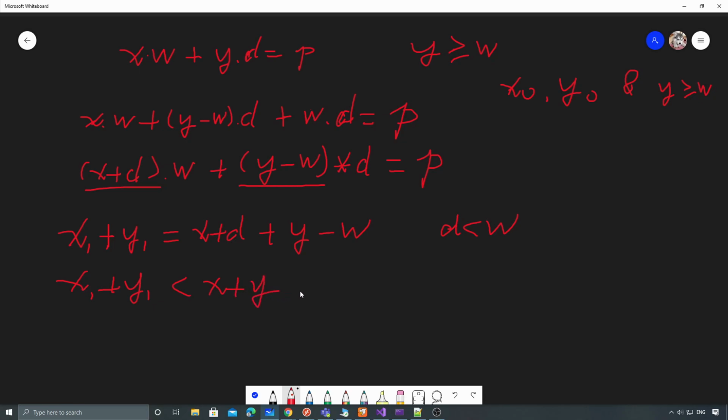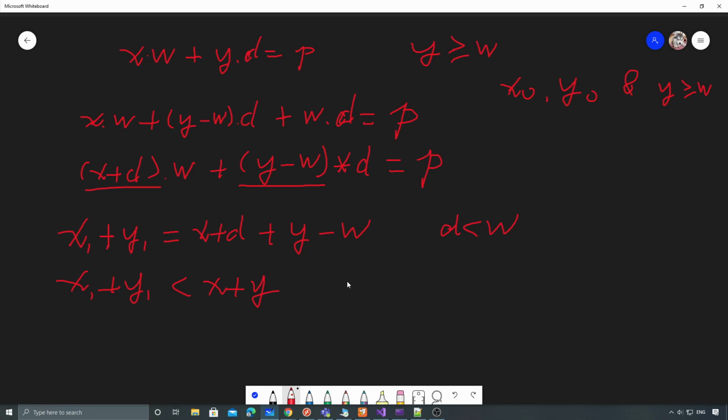So x1 y1 is a better answer compared with x plus y, because we want this x plus y to be as small as possible. So whenever y is greater than w, we can always find a better answer for x and y.